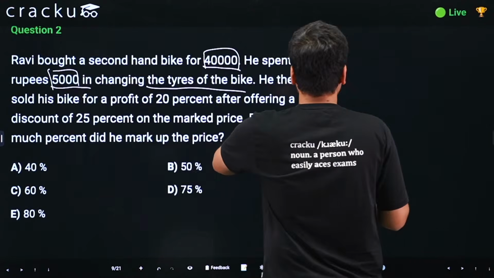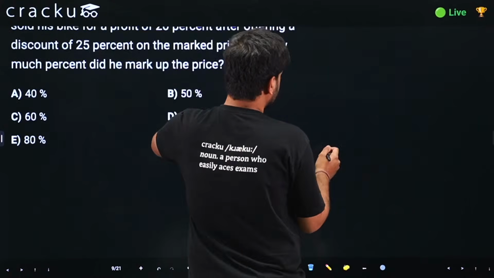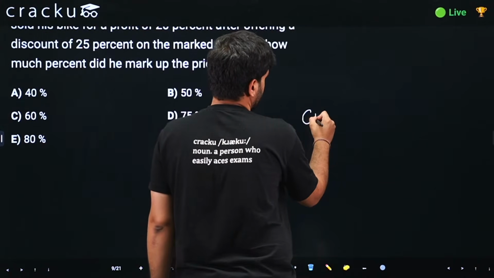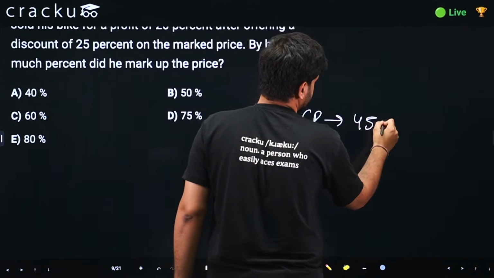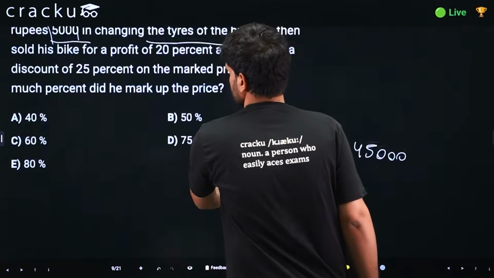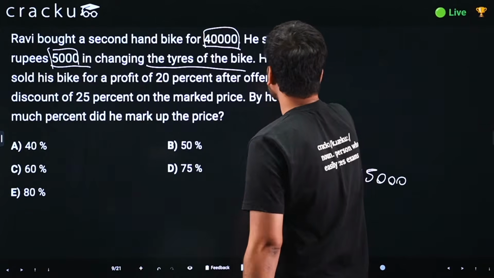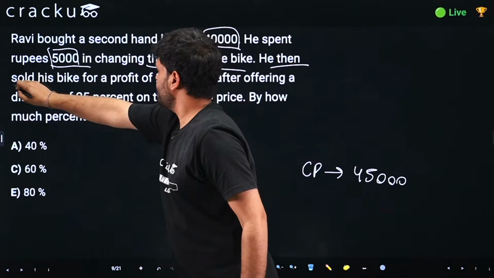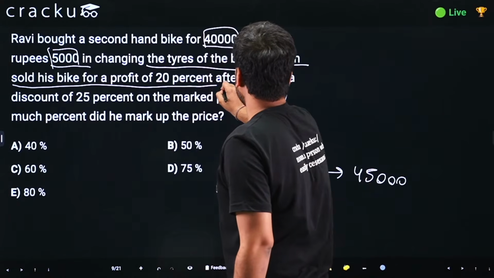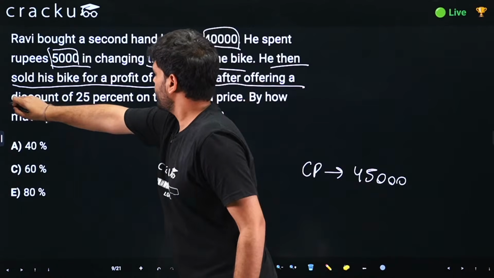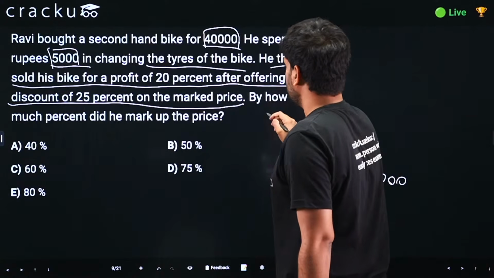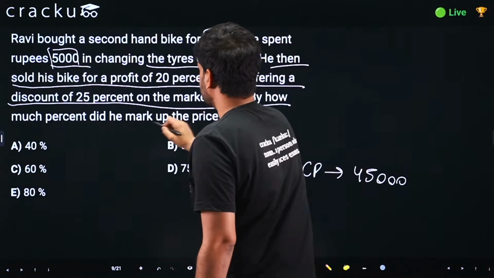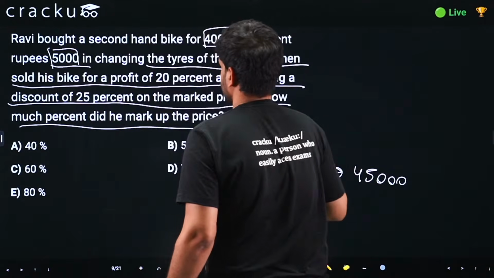Ravi's cost price, which is CP, would be 45,000. Now we are given that he then sold his bike for a profit of 20% after offering a discount of 25% of the marked price. By how much percent did he mark up the price?